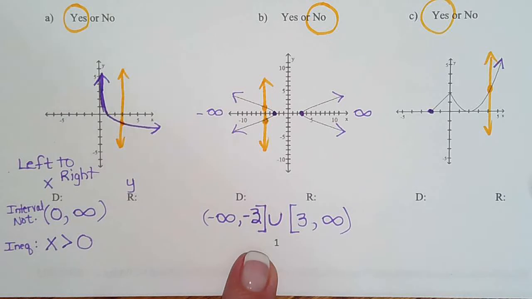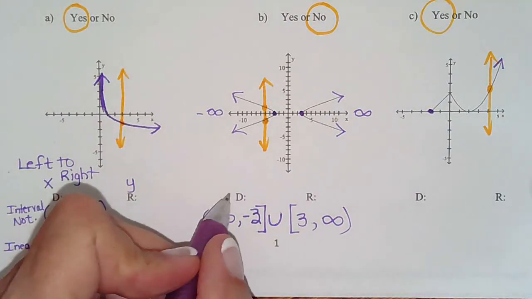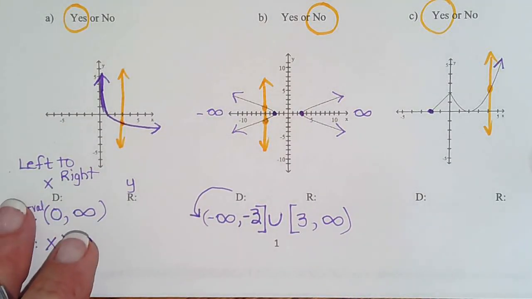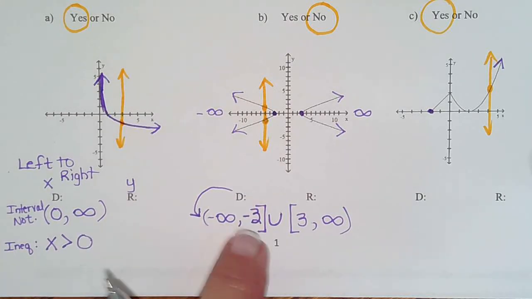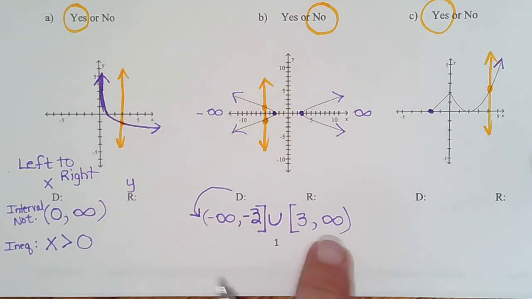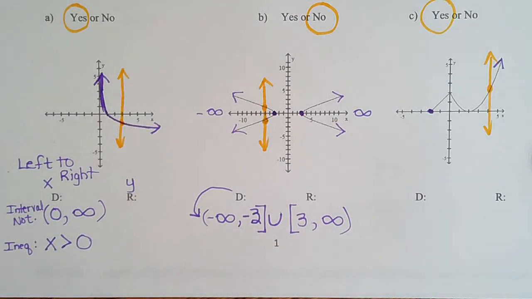And order matters, just like on our inequalities. You have to have left to right, left to right. So order matters, the shape of the brackets and parentheses matter.